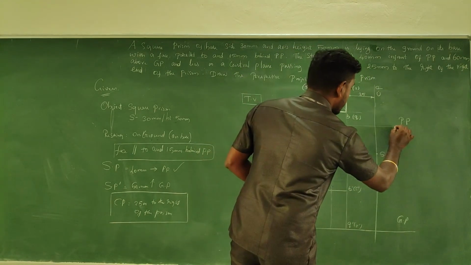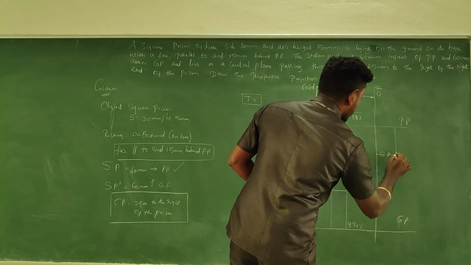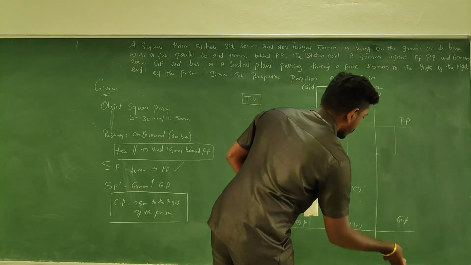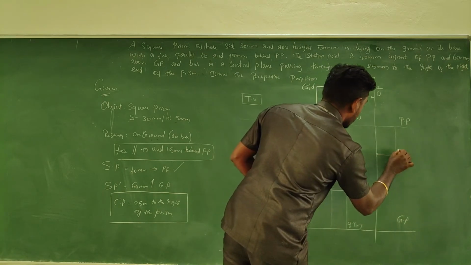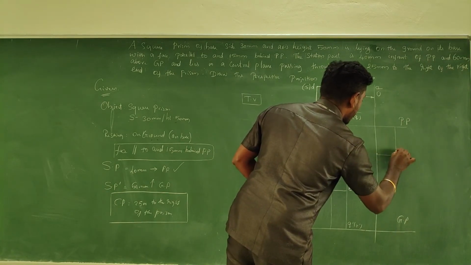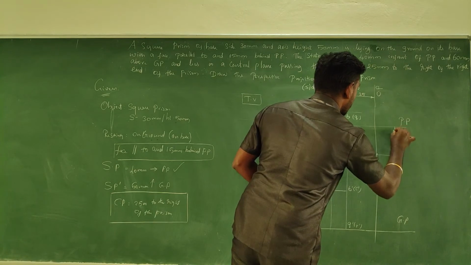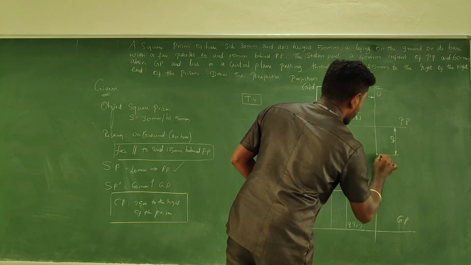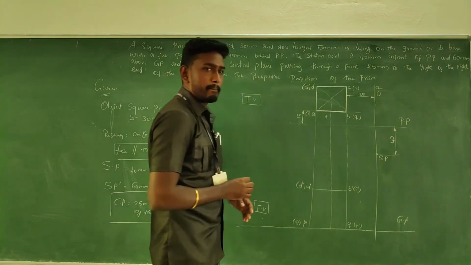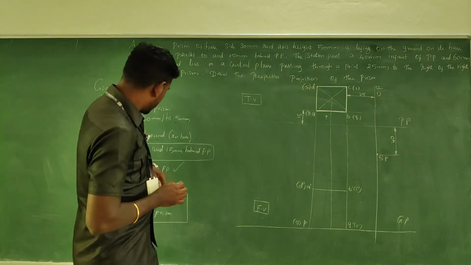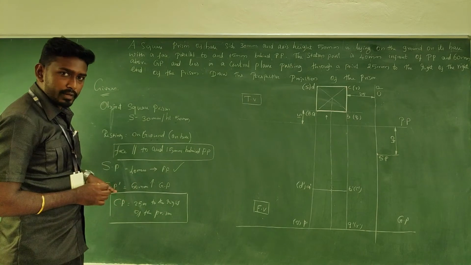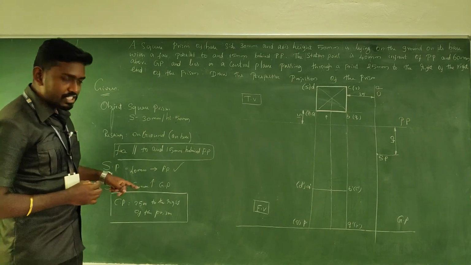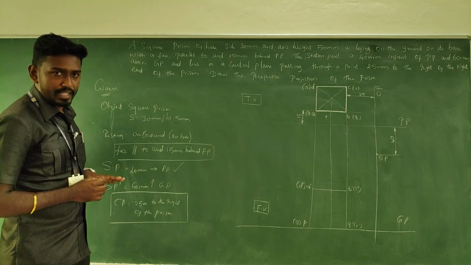In the center plane, take 40 mm and specify the point, which is called the station point. This measurement is 40 mm, so make it the dimension. This is the station point SP. Then the second station point, S dash, in the front view, is 60 mm above GP, the ground plane.